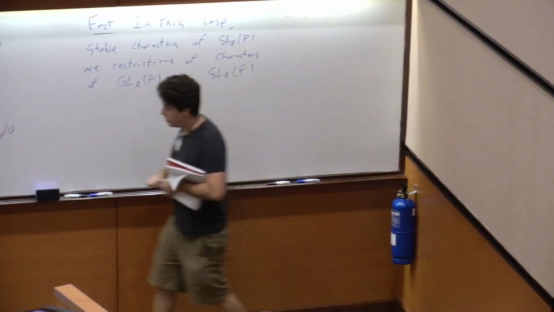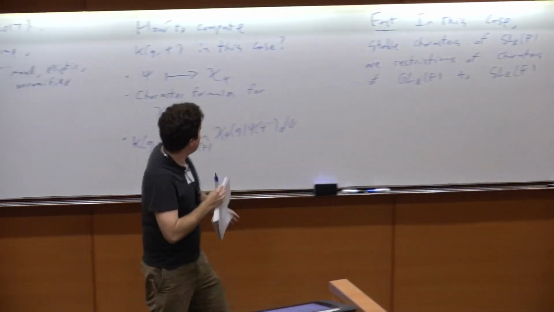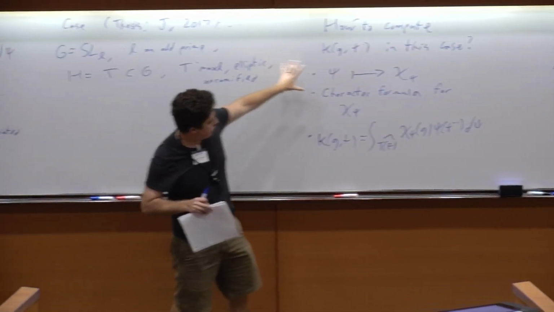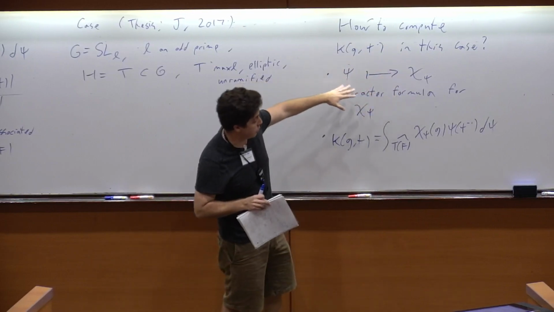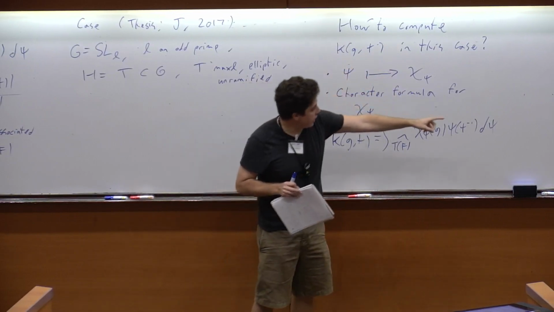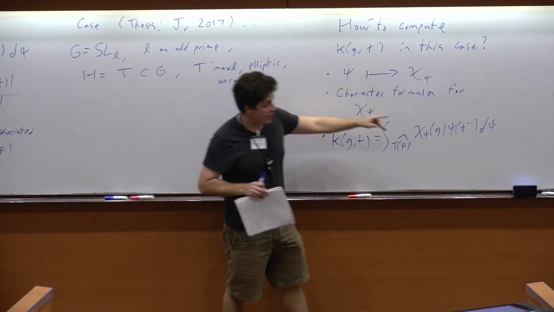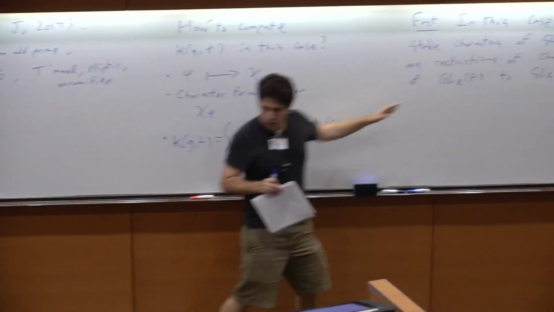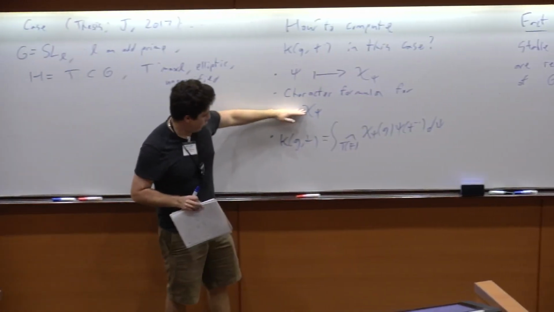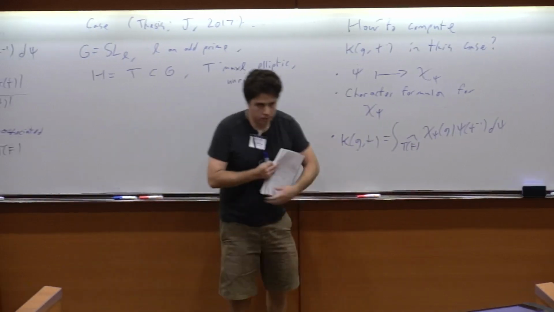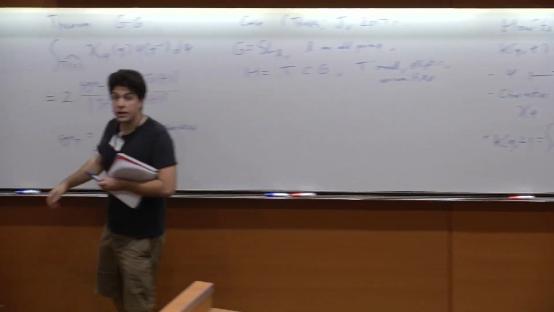So basically all we need is to know a construction of these various supercuspidal characters for GL_l, and we don't have to worry about stable anything. We can just work on GL, and then we have to work through a character formula and then ultimately perform this integral. All right?